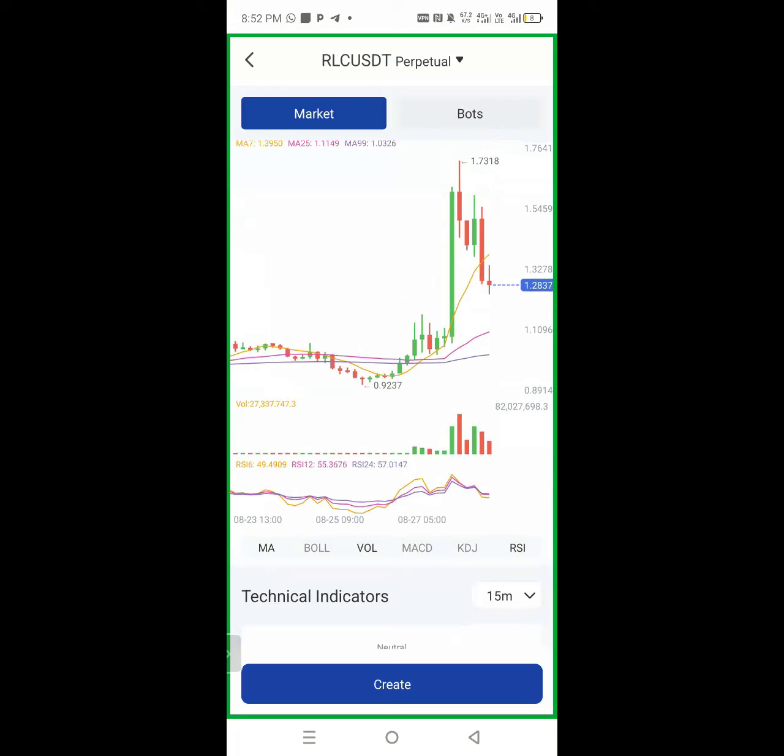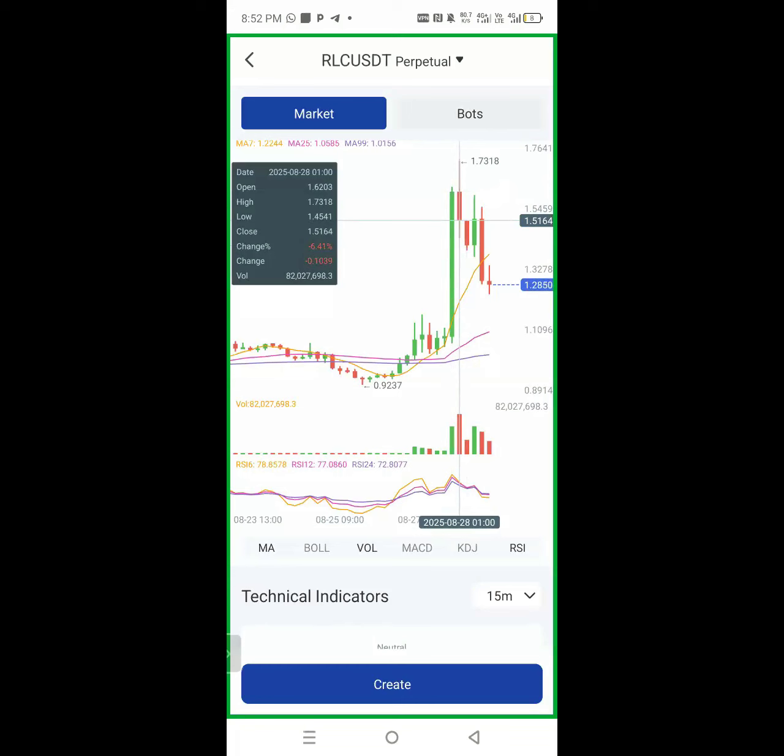Okay, so you can see 49 is neutral, because it must have been coming from this place. So let's see when this chart came to this place. Look at the RSI. You can see what I explained. When it got to this place, this was when the trade was moving.